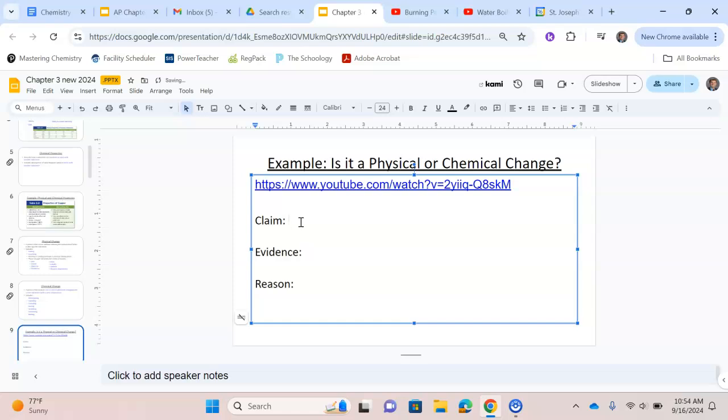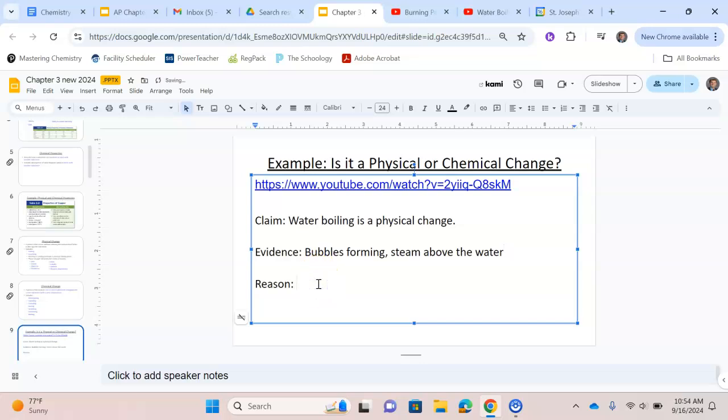How'd you do? Here's what I would suggest. Claim: water boiling is a physical change. Evidence: bubbles forming, steam above the water.